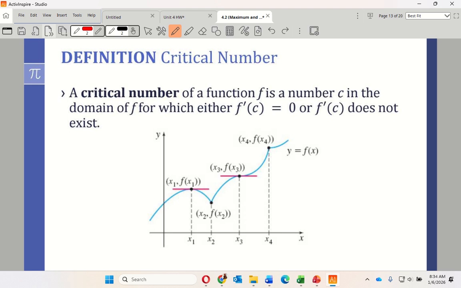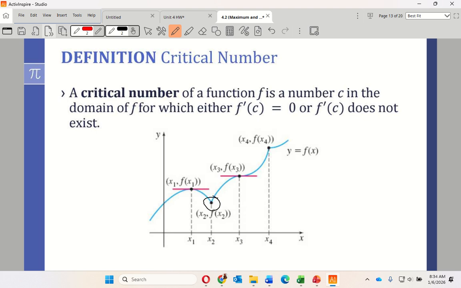Critical numbers. A critical number of a function f is a number c in the domain for which either f prime of c is equal to 0 or f prime of c does not exist. So, now, what does f prime mean? F prime, it means I have what? The derivative, right? So, think about this carefully. Can I take a derivative at this point?